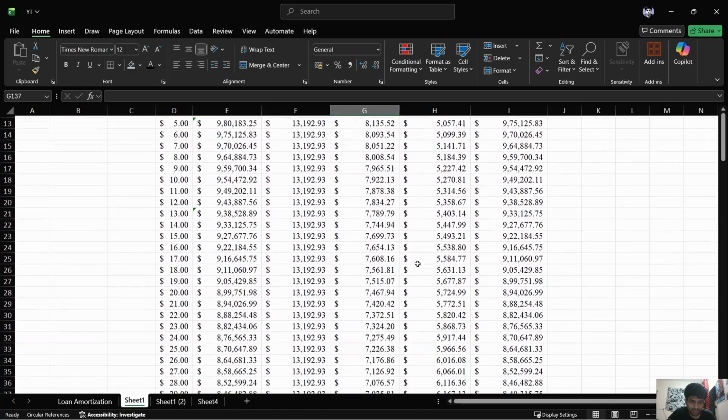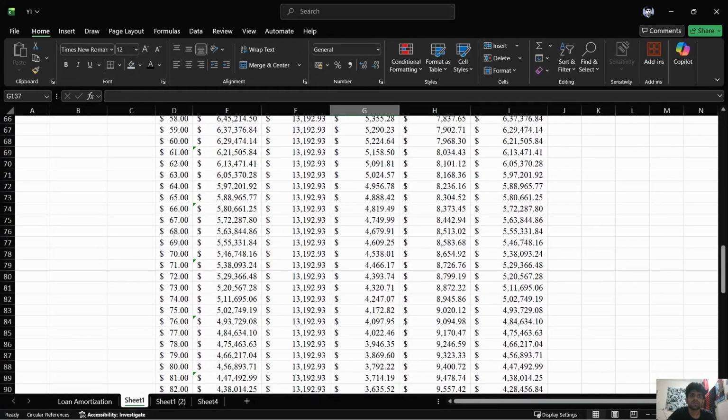Now my next part is the conclusion. In summary, we have broken down loan amortization into three parts. First, calculate the EMI using the PMT function. Second, set up a schedule to calculate your interest, principal and the new balance.